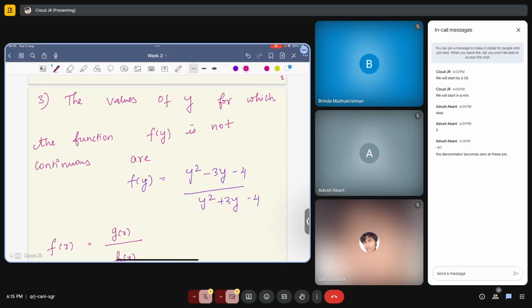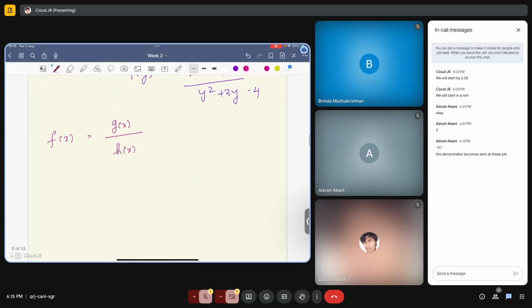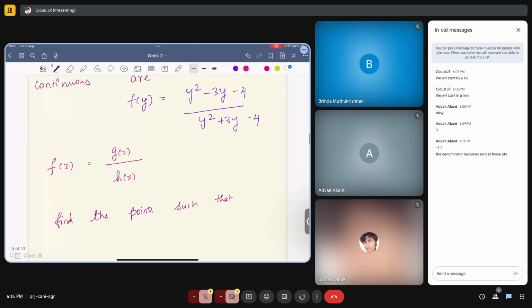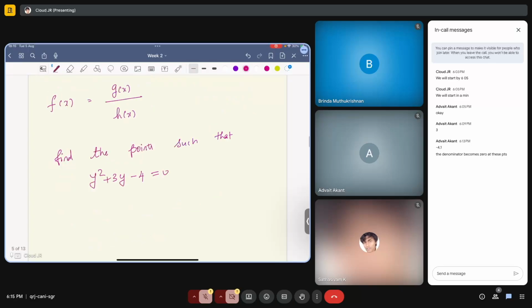So basically what you have to find is the points such that, you can see here, the polynomial in the denominator, which is y square plus 3y minus 4, has a root.